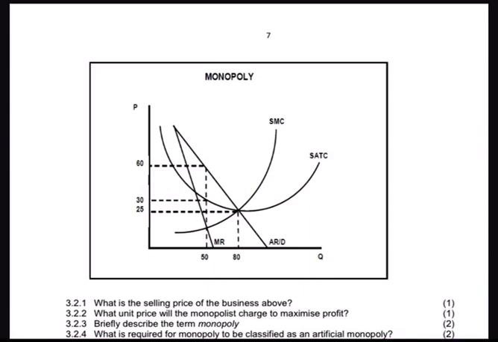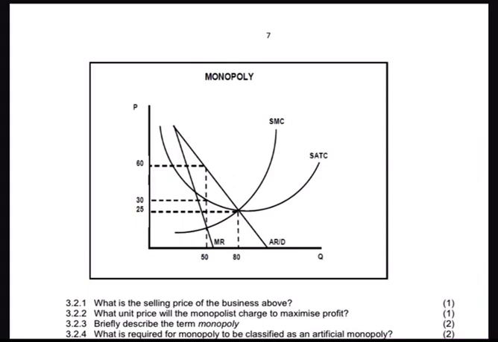Then the second question asks us what the unit price will the monopolist charge to maximize profit. So for a monopolist to maximize profit is when the marginal cost is equals to the marginal revenue.